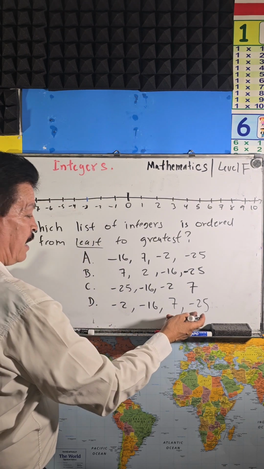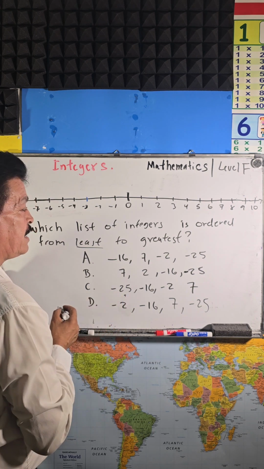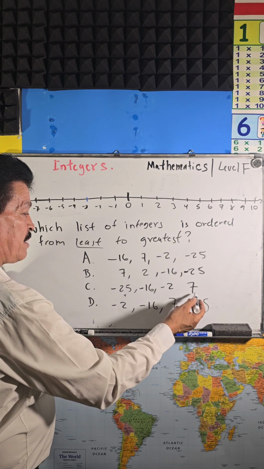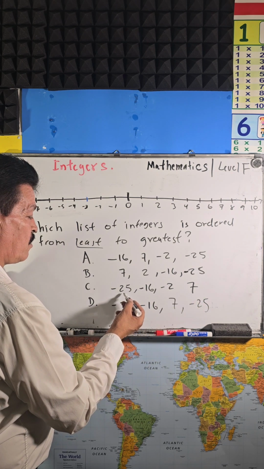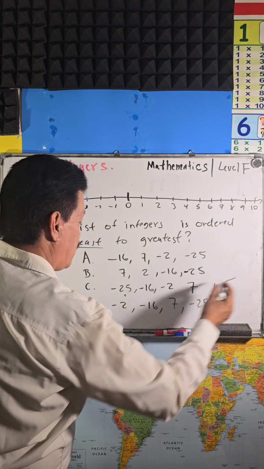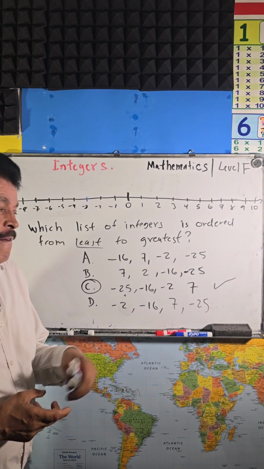What is the smallest one? Negative 25. What is the greatest one in our list? It is 7. So negative 25, negative 16, negative 2, and 7. This is the right answer, so you have to circle C.